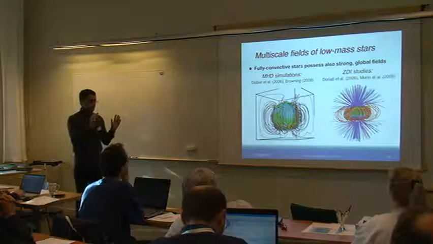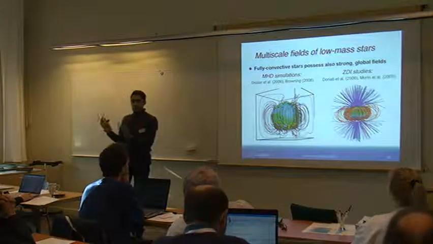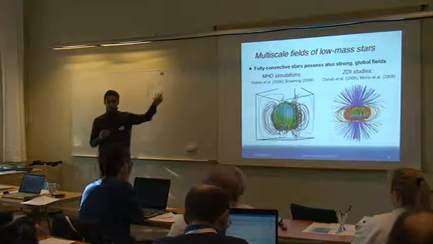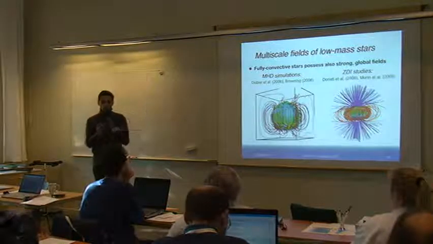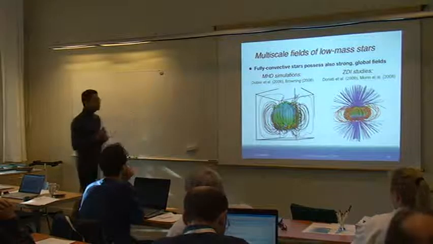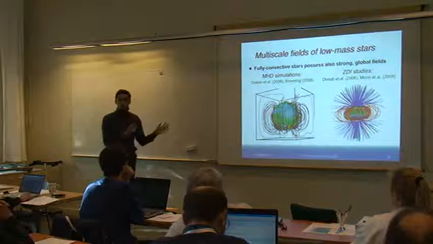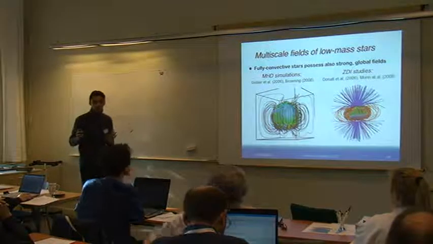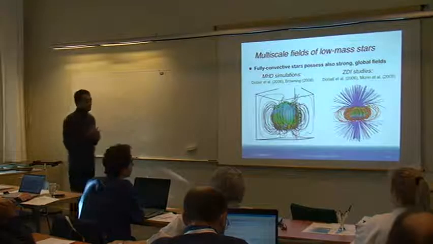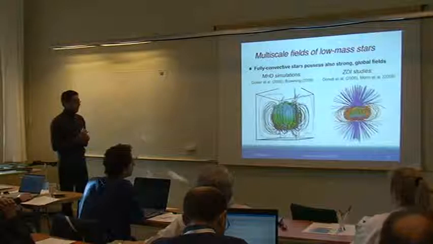So I would say that now there are three different types of magnetic fields on the HR diagram: the fossil global fields of Ap stars, the complex toroidal fields of solar type stars, and for M-dwarfs there is another change in the structure of the field, going from small-scale toroidal structures to poloidal fields again.